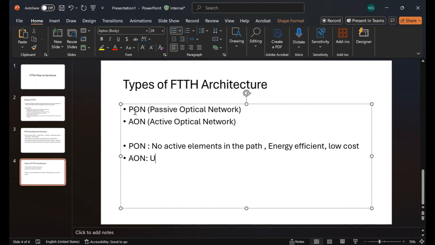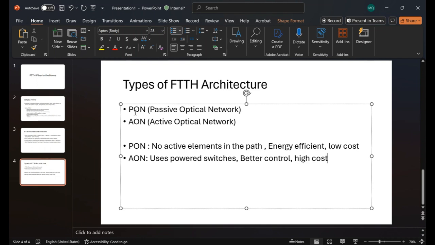AON uses power switches, better control, high cost.